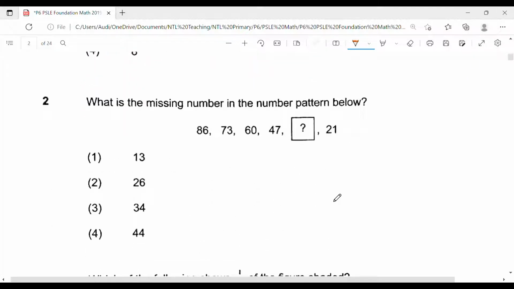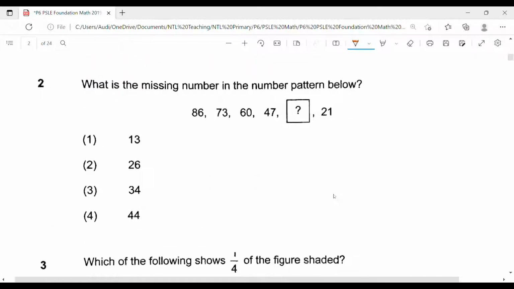Okay, we're moving on to question number 2. What is the missing number in the number pattern below? To know this, we have to look whether the numbers are ascending, that means getting bigger, or getting smaller, descending. So if you look at this number, this is 86, the next one is 73. So it's getting smaller and smaller, right?